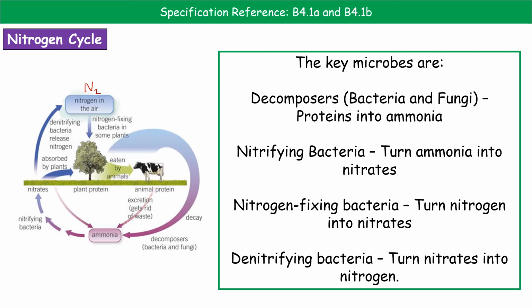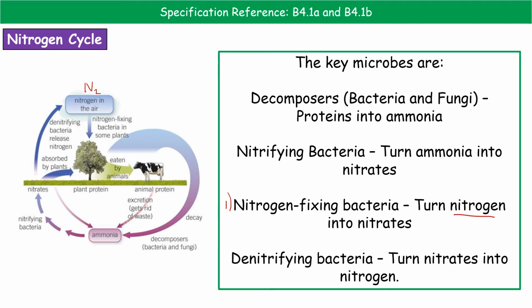Now our plants can't directly take in nitrogen as N2. What we've got to do is turn it into something else. So what we need to do is change our nitrogen into nitrates. And this is our first bacteria here, nitrogen fixing bacteria.